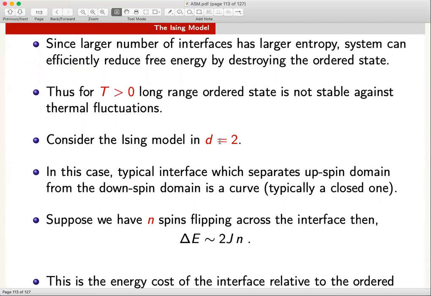Fine. So what I was saying was that the interface is the boundary of two domains across which the spins are pointing in opposite directions. It typically has the shape of a closed curve in a two-dimensional Ising model. Now suppose we have n spin flips across the interface.